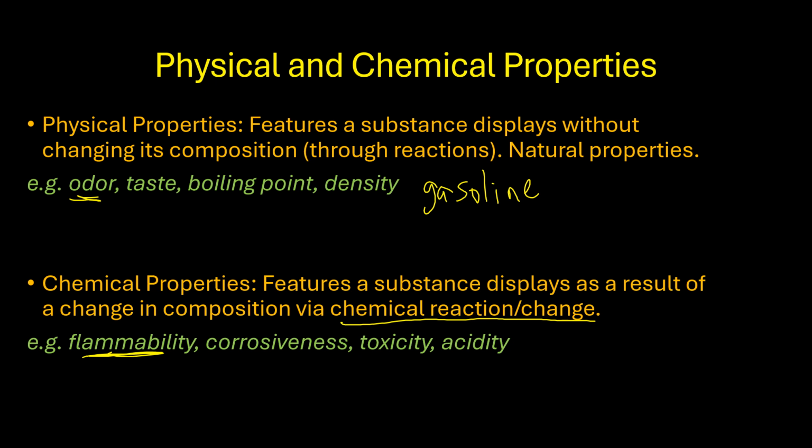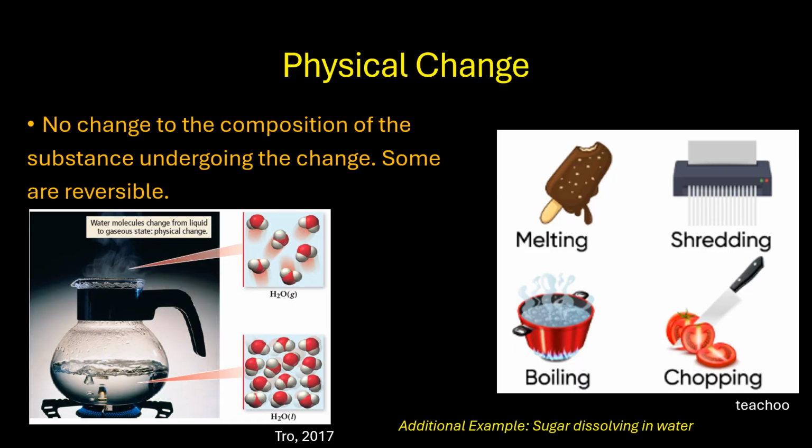And so a physical change is a change that occurs when the physical property is changing, for example. Here is one example that I have. If you're boiling water, so this is talking about boiling points, which is a physical property. The substance is going from water, which is a liquid, and then it's going to water vapor, which is a gas.